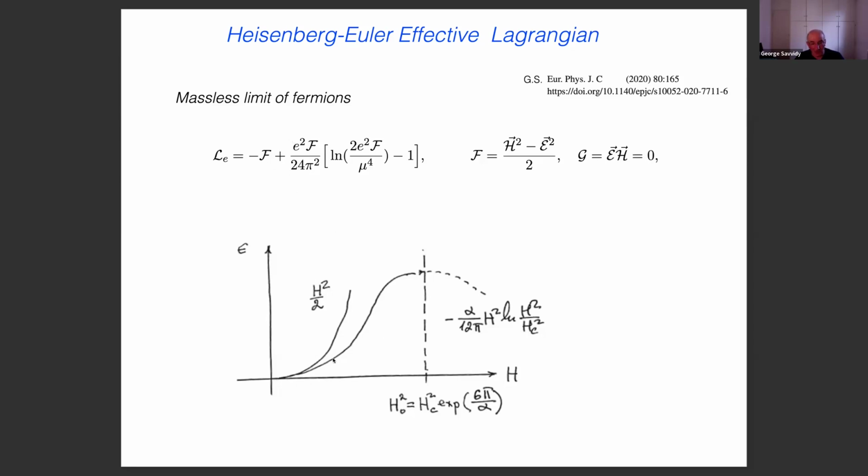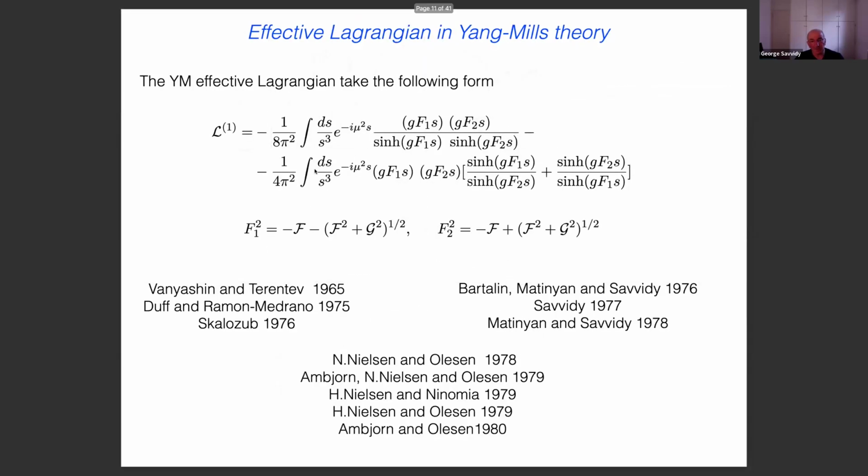And this Landau pole is visible here at this place when the field starts to fall and goes into the vacuum, which becomes actually unstable. And so that's also visible when you see the effective Lagrangian.